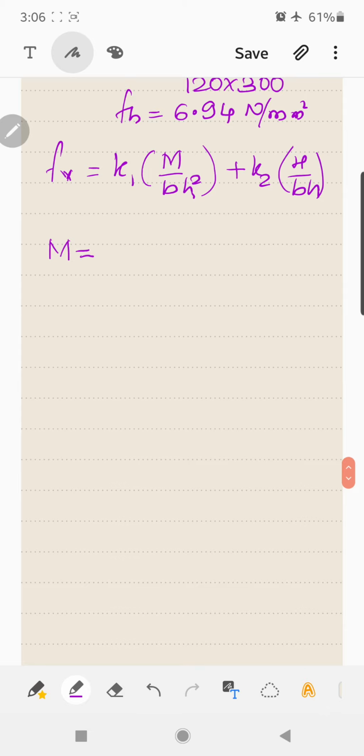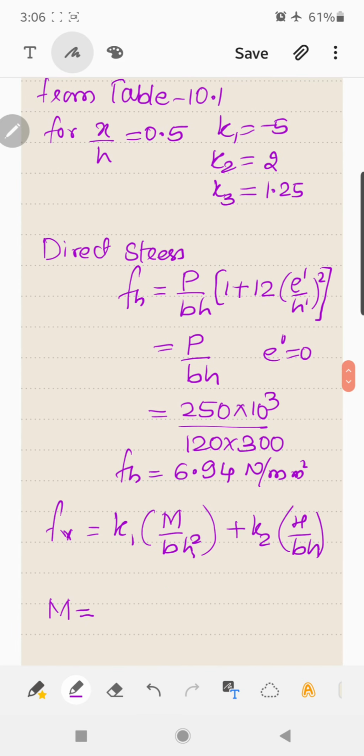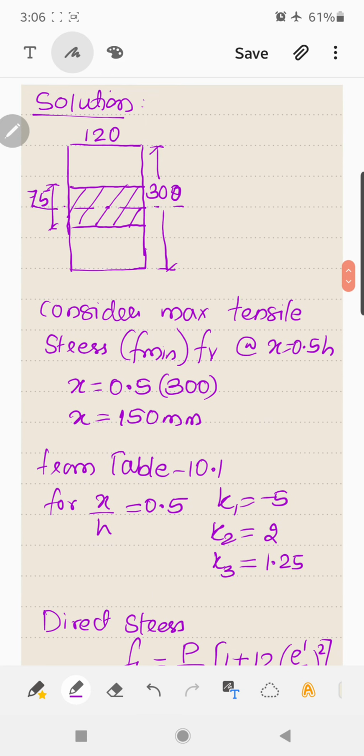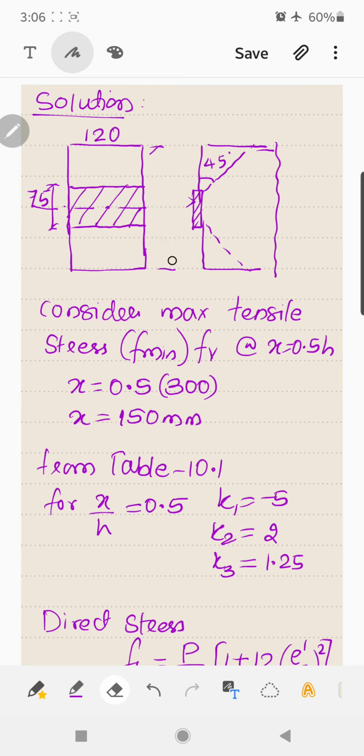So this bending moment is, this is the anchor plate, this is the end section, and this is P by 2, this is P by 2.